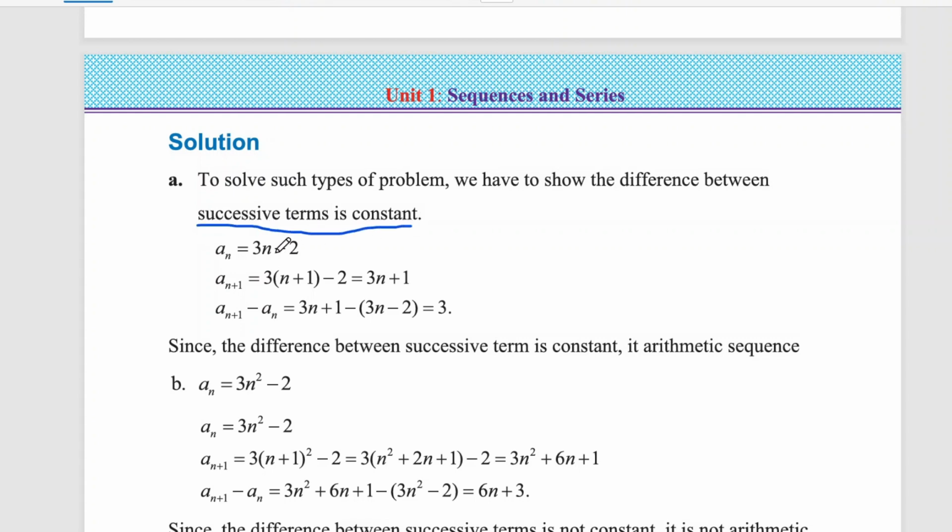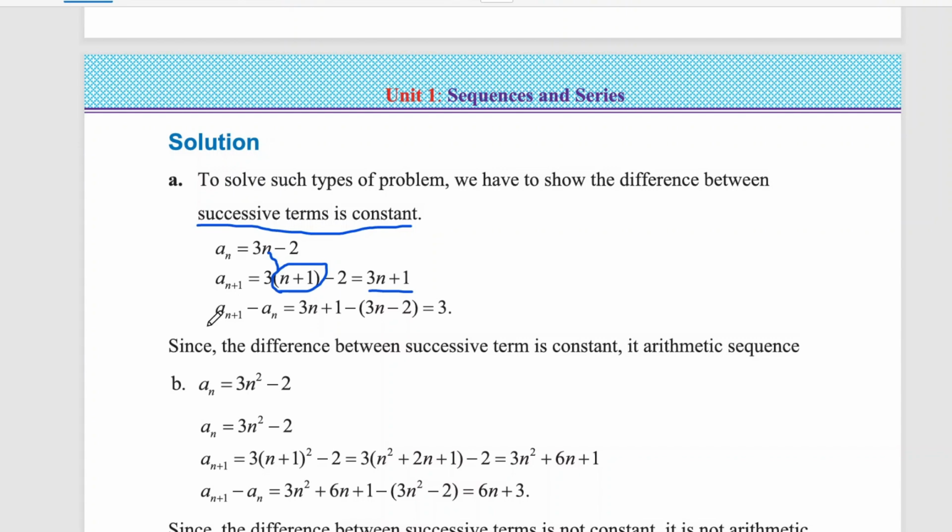Okay, let's see. An is 3n minus 2. So we want an plus 1. An plus 1 is equal to 3 times... We get an plus 1 by substituting n plus 1 for n. Substitute n plus 1 for n, then 3n plus 3 minus 2. So we get 3n plus 1.